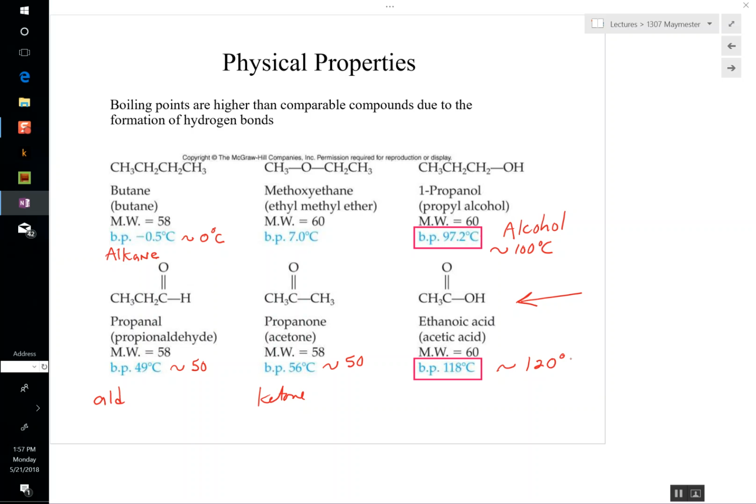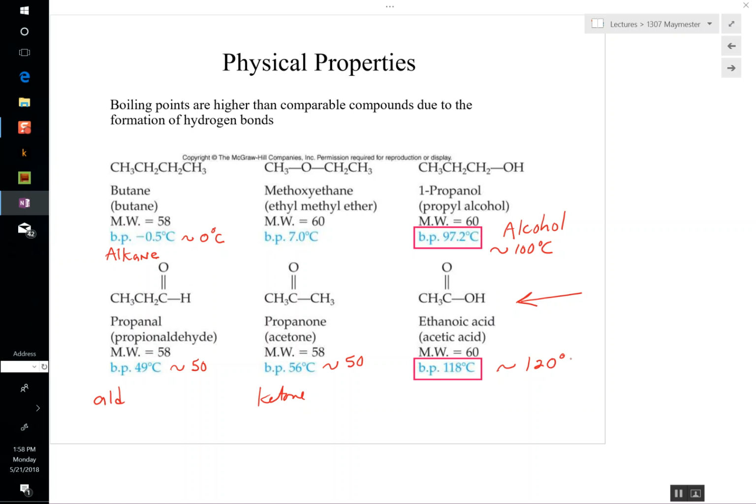Your chapter 14 homework is going to have 3 or 4 cases where it says, compare this molecule to this molecule. Which one do you think would be more soluble in water? Okay, this doesn't have solubility, but the higher the boiling point, the more polar the molecule is. The more polar the molecule is, the more soluble it'll be in water. That's what's going on here.